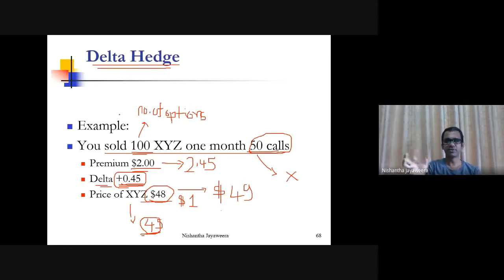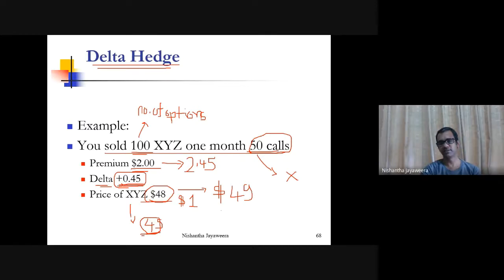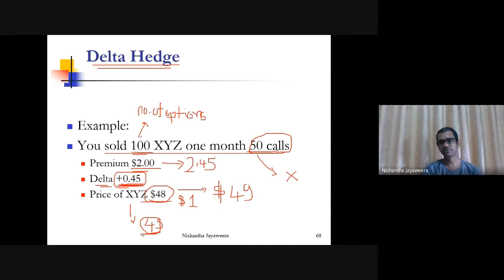To make it 0, you buy the same number of shares, depending on the delta. So you can see that this 45 is delta times the number of options that you sold. That's how you get this 45.